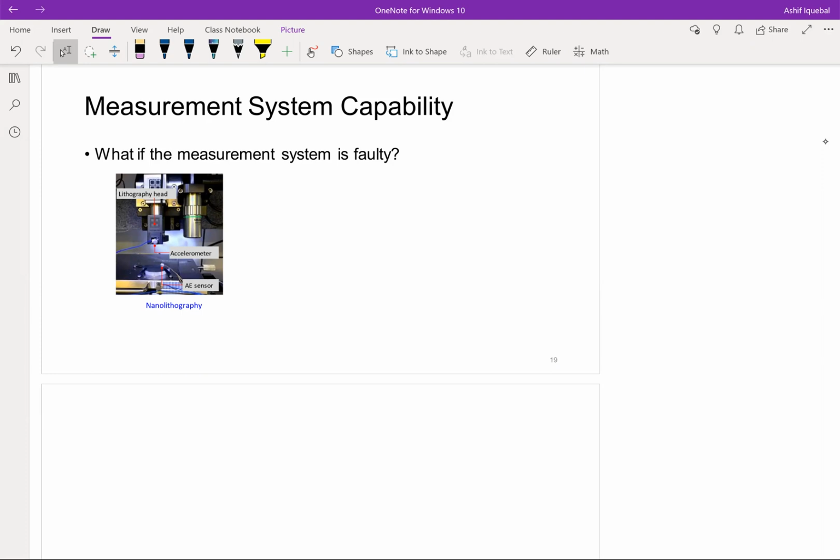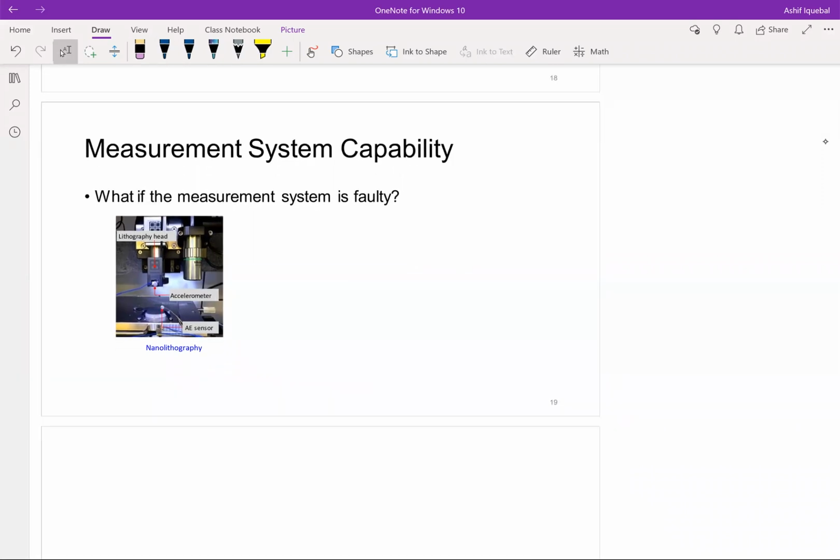So when we are conducting experiments or manufacturing something, we want to make sure that the error from the measurement system is as low as possible. This is called measurement system capability. Is the measurement system capable of producing stable measurements or not?